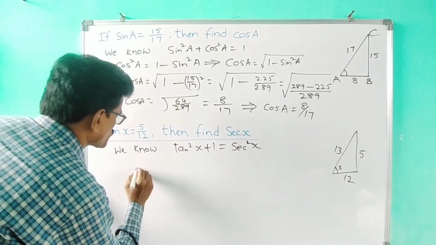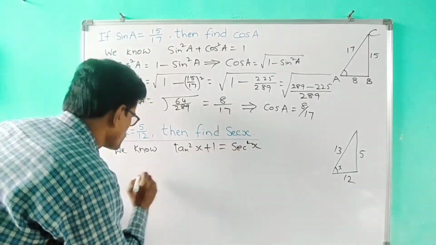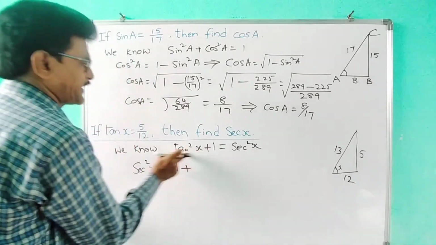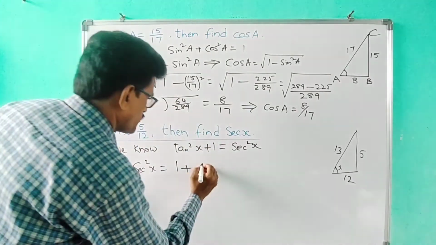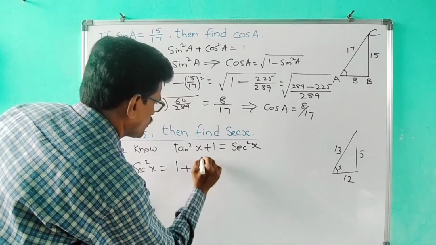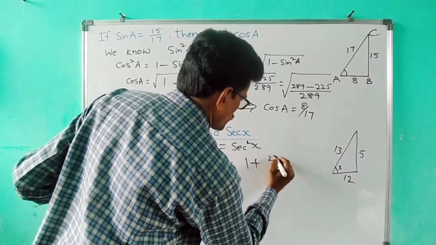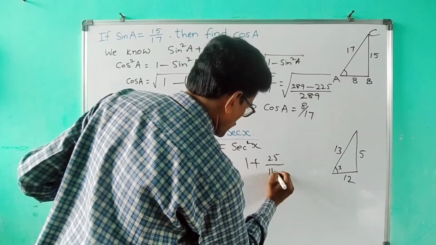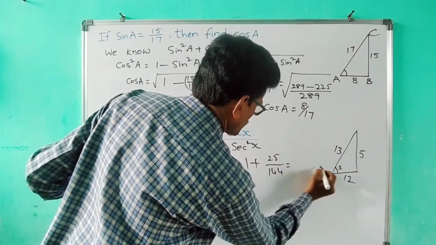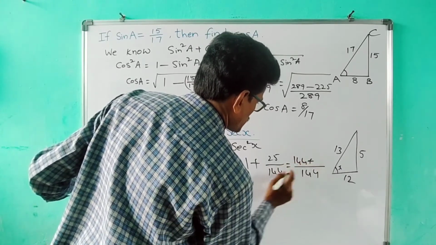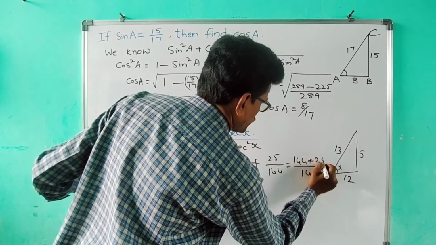We need secant square x. First, secant square x is what? 1 plus tan square x. What is tan square x? 5 by 12 whole square. So 1 plus 5 square, it is 25, by 12 square, it is 144. So the LCM here is 144: 144 plus 25.